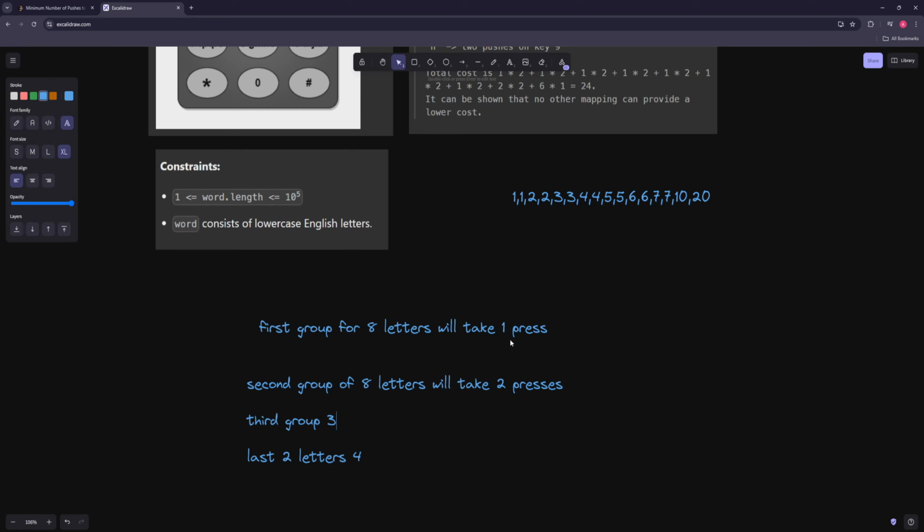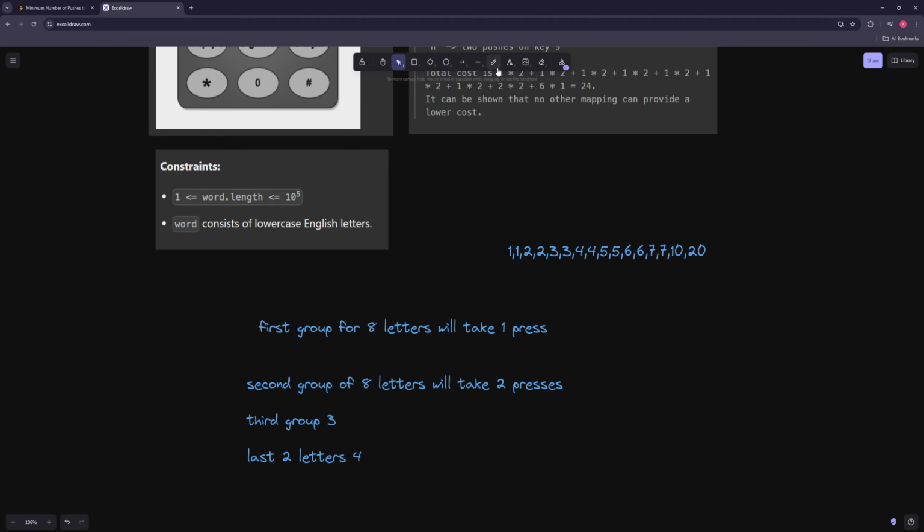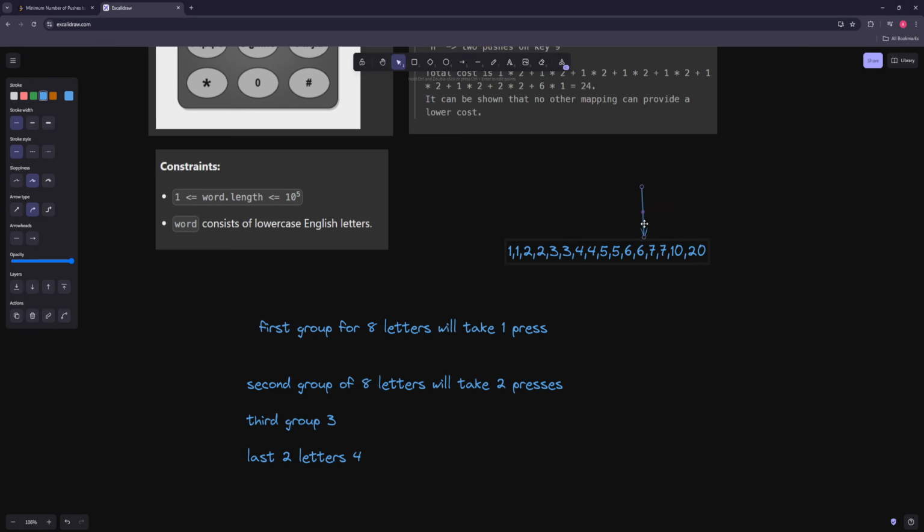And so all we have to do is get all of these values and have an index, right? This will be the first letter, the second letter, the third, fourth, fifth, and so on. So we can take all of our values, sort them in reverse order, and then use the index. If this is the first letter, then it's in the first group.